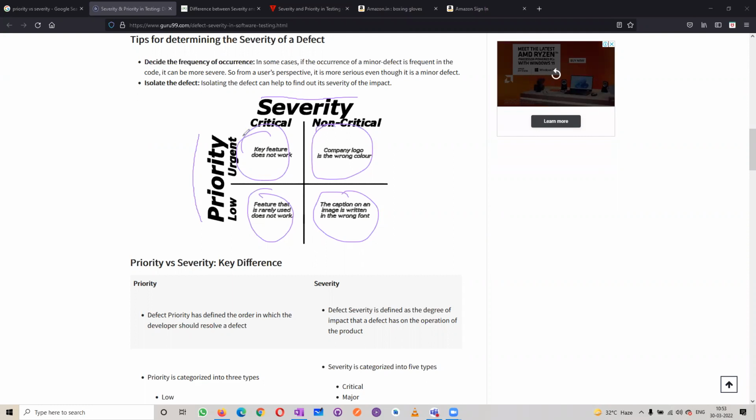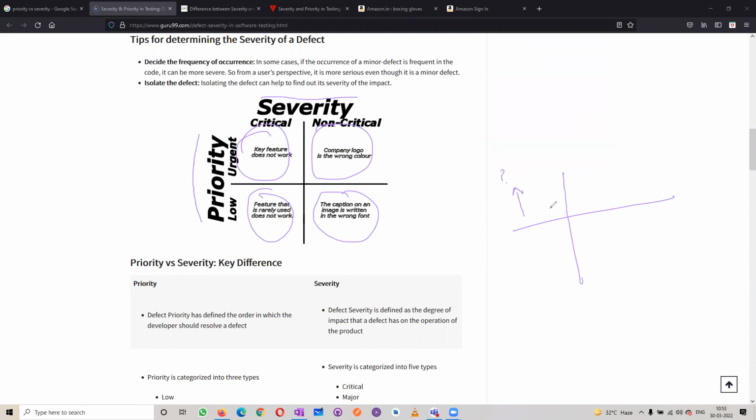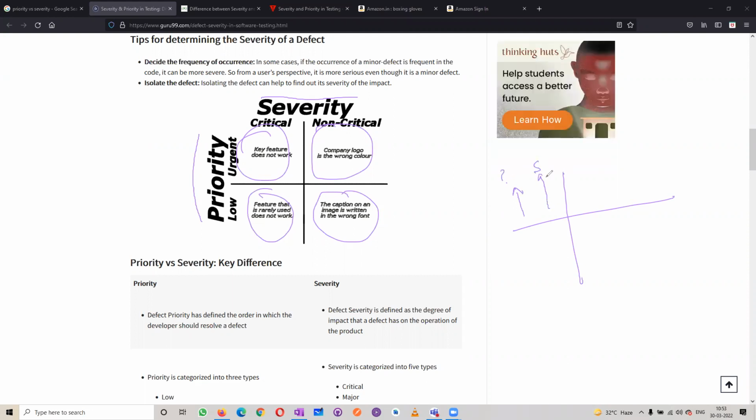So now, what this is trying to say is: I have high priority and high severity. I have low priority, low severity.